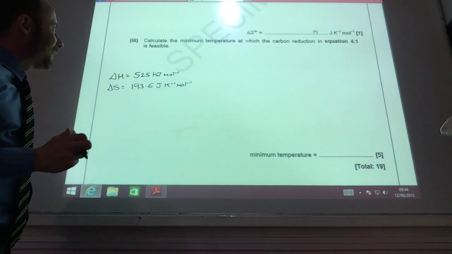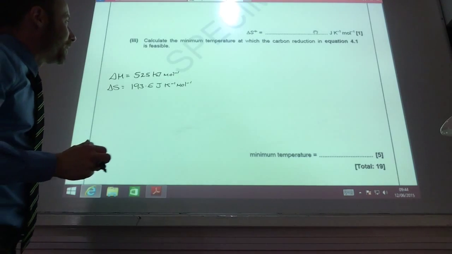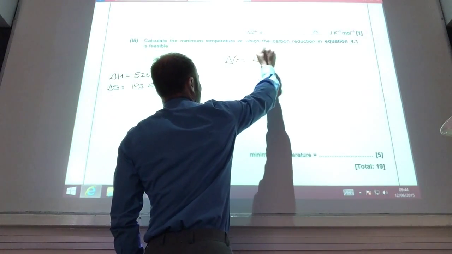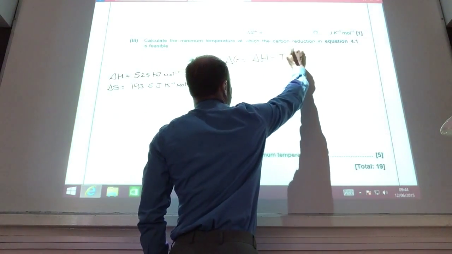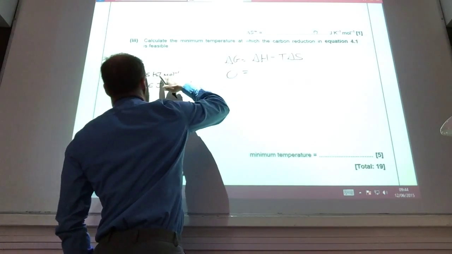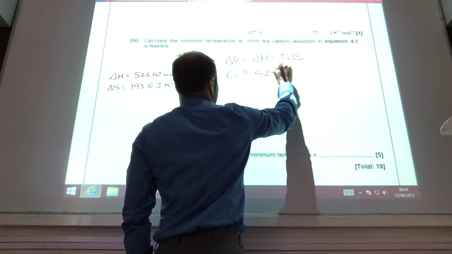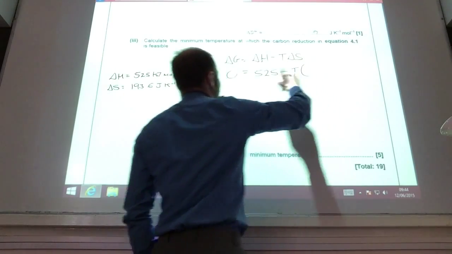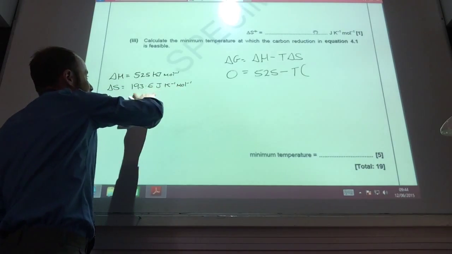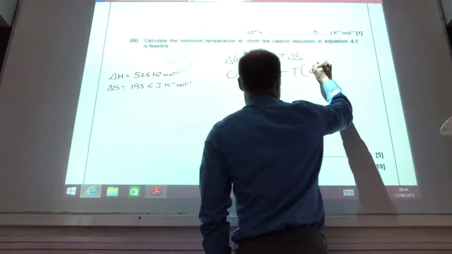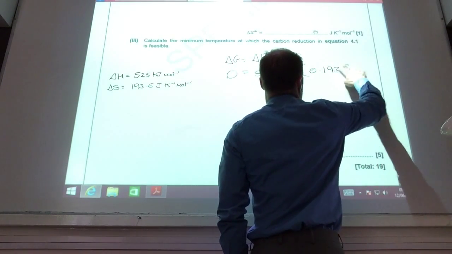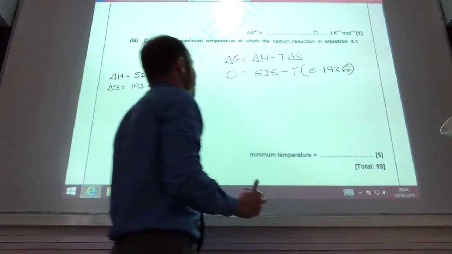Okay, so we now need to calculate the minimum temperature at which this reaction is feasible. The minimum temperature, as we know, we go back to Gibbs free energy, delta G equals delta H minus T delta S. If it's the minimum temperature, delta G is 0. Delta H we calculated as being 525, minus T, which we want to find out, times delta S. Be careful that this is in joules per Kelvin per mole, so I need to divide this by 1,000 to give me 0.1936, like so.